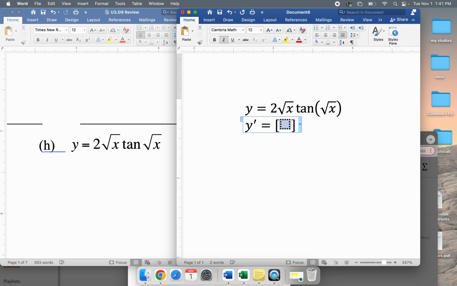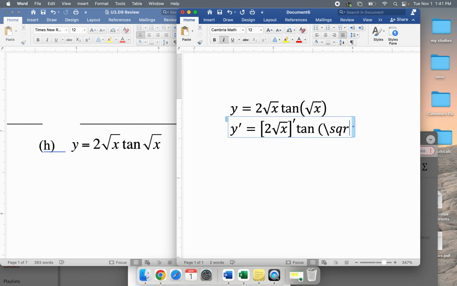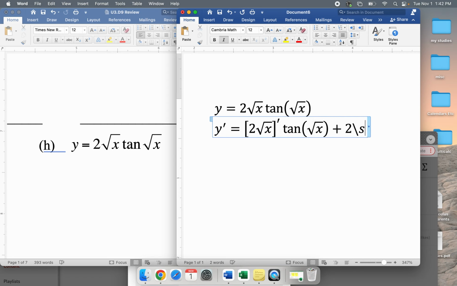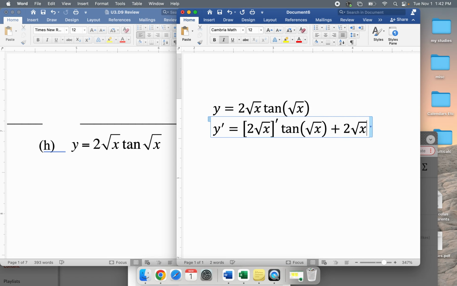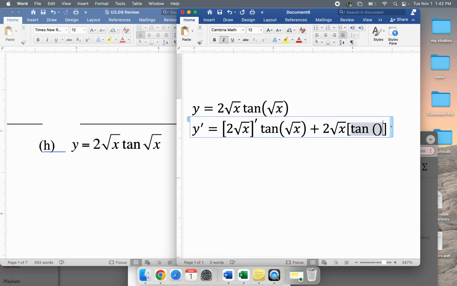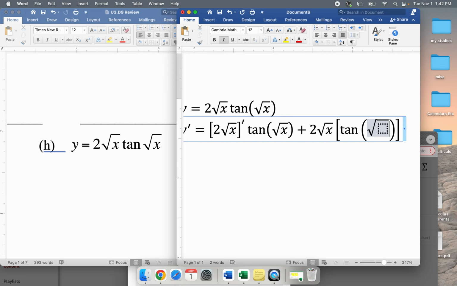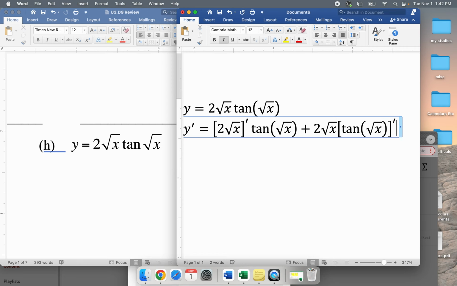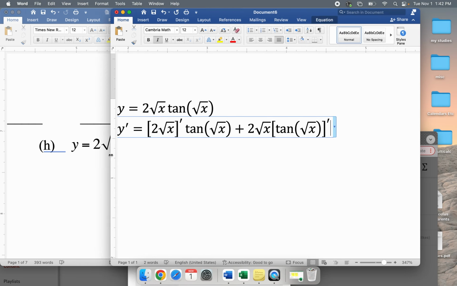These derivatives are going to be complicated, so I'm not actually going to compute them right away. I'm just going to prime them. So derivative of the first function times the second function left alone plus the first function left alone times the derivative of the second function. So let's put a prime there.